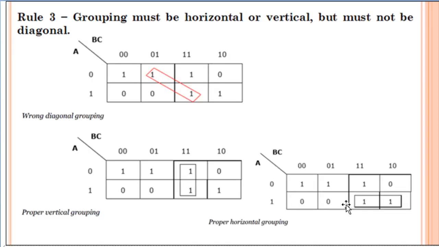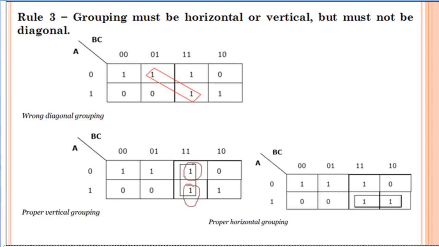Now the third rule is that grouping must be horizontal or vertical, must not be diagonal. Obviously the grouping will be created in adjacent cells which have a single bit difference. This one can be grouped with this because these two cells have only one bit difference.